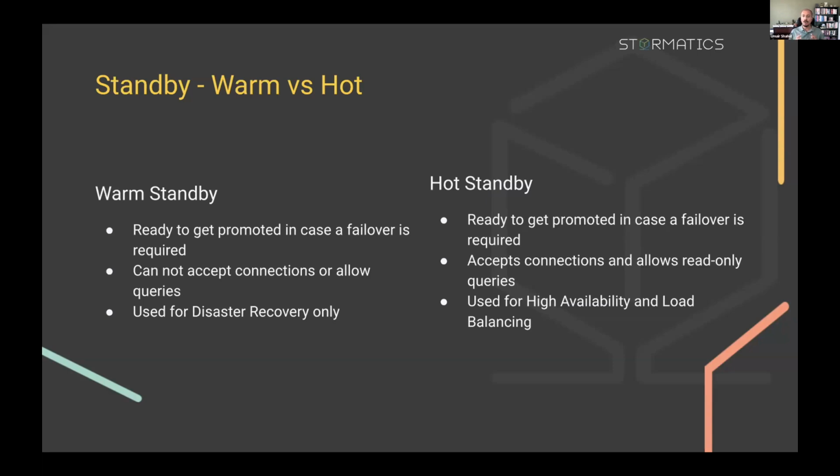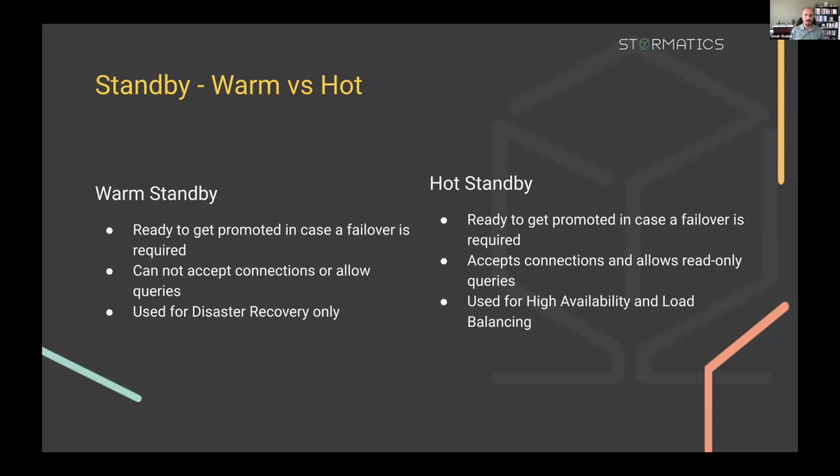But along with being able to accept connections and process read queries, a hot standby is much like a warm standby, ready to get promoted in case the primary goes down. The primary difference between a hot standby and a warm standby is the ability of the hot standby to accept connections and process read-only queries.